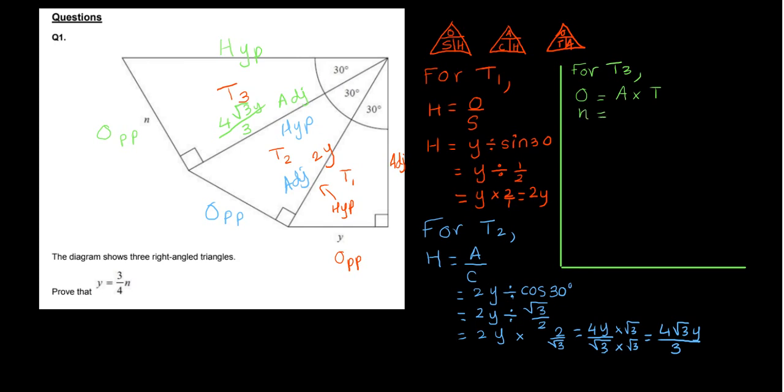Our adjacent side is 4 root 3 y over 3 times tan of 30. That would be 4 root 3 y over 3, and the tan of 30 is root 3 over 3.